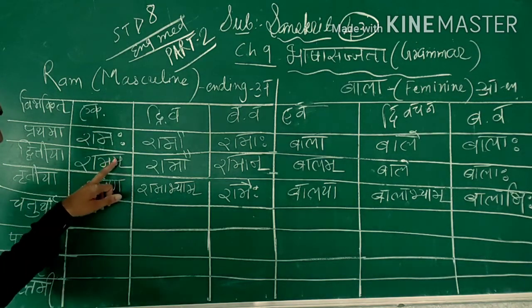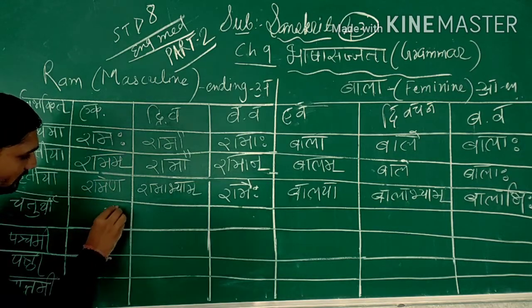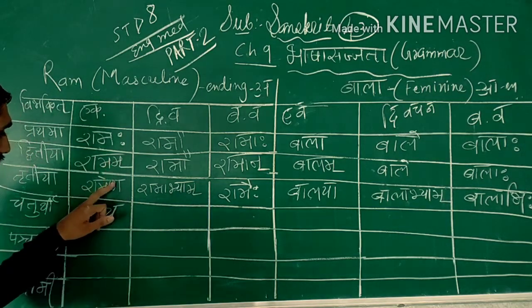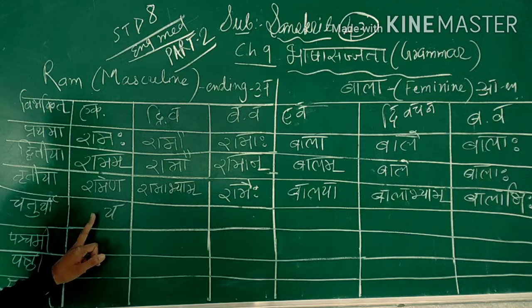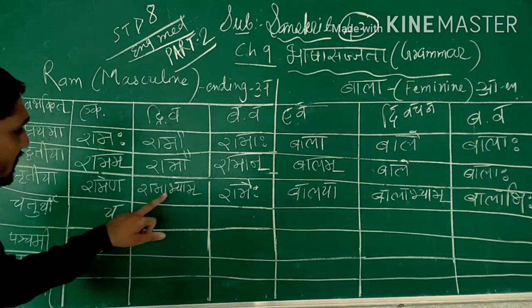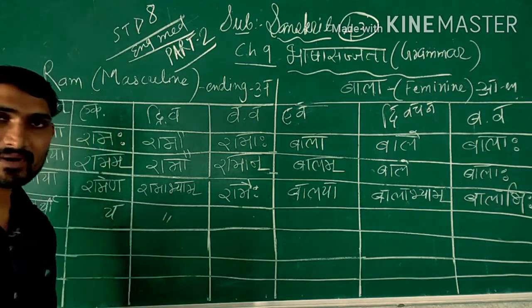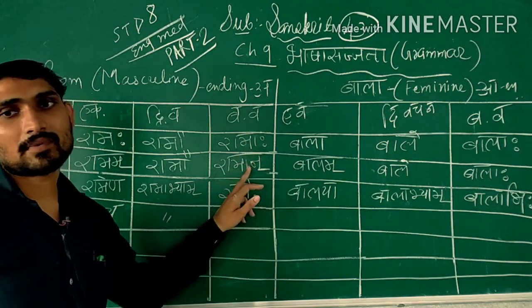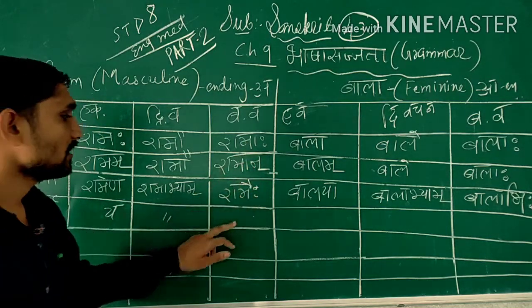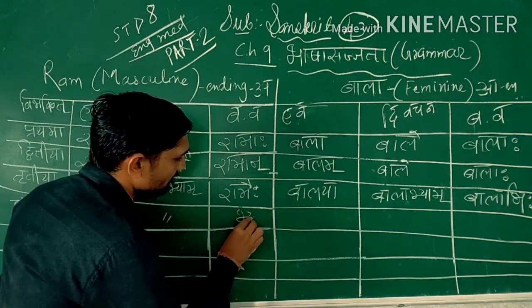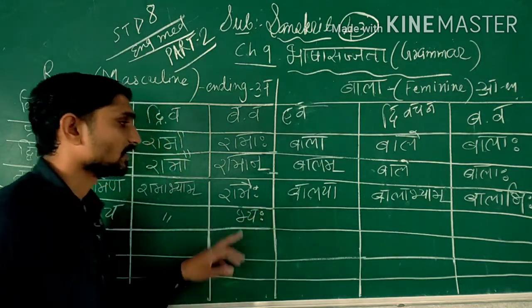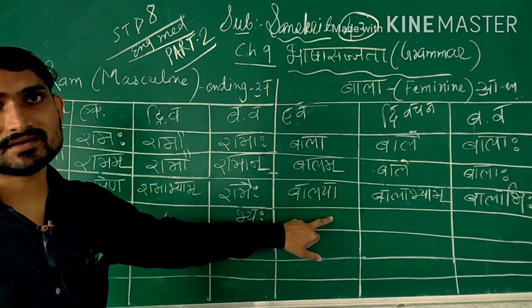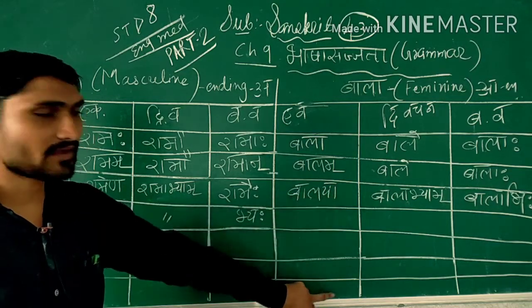Okay. Now Moda, after that what will come here? Rama, and the same pattern Rama you can see. Ramebhyah, Ramaha, Rama, Ramebhyah and Rame. Here what will come? Here see Balaya, Ye, Yaha. This is the pattern.